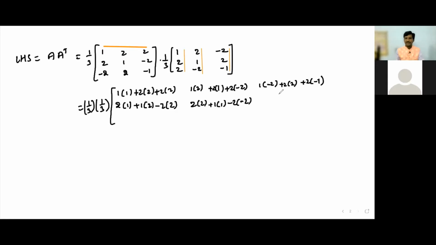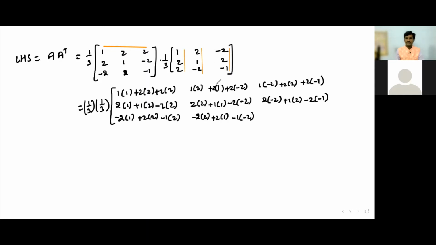Next, second row with third column, that is 2 into minus 2 plus 1 into 2 plus minus 2 into minus 1. Next, third row with first column, so minus 2 into 1 plus 2 into 2 minus 1 into 2.